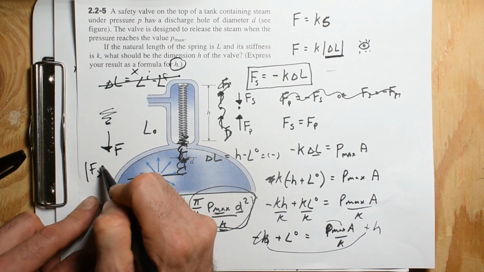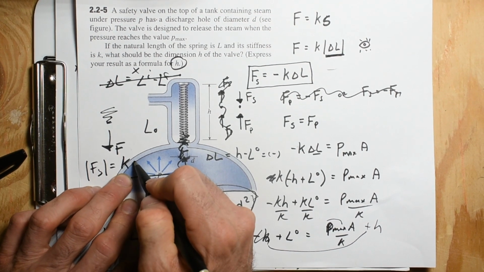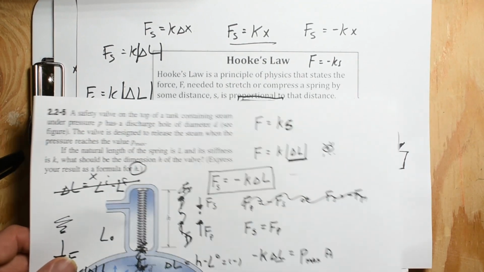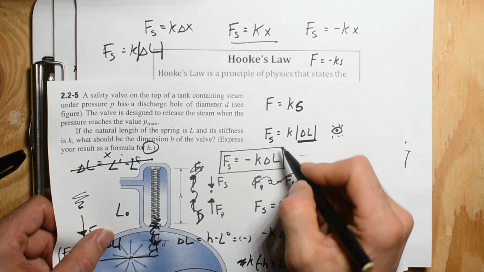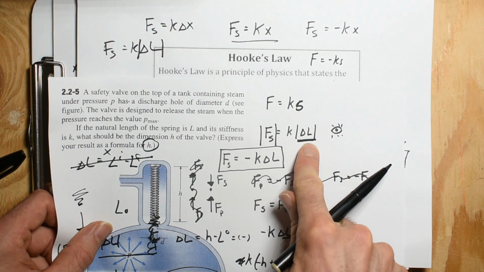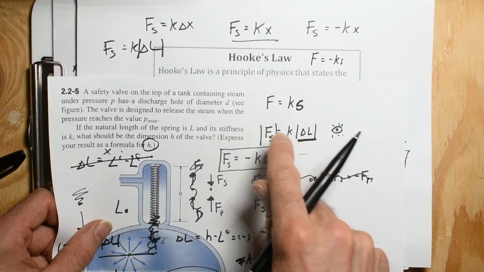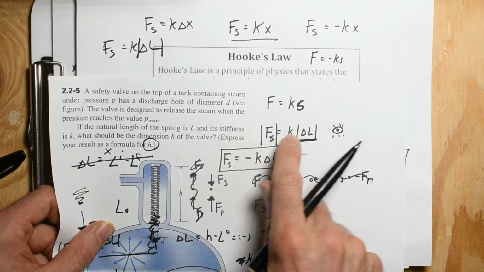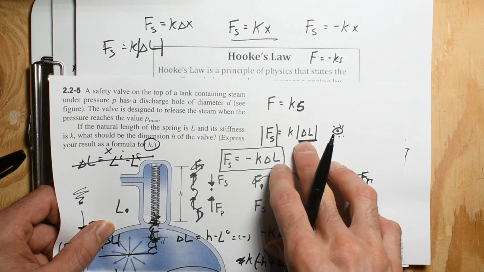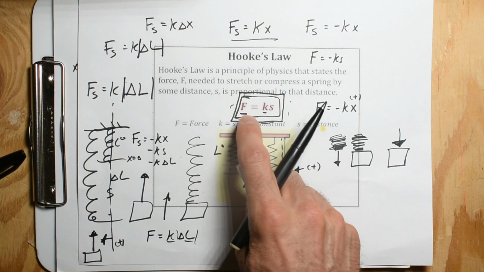The magnitude of the force of the spring is k times the change in length. So there you go. That's full circle. So this equation, the magnitude of the force of a spring, is equal to k times the absolute value of the change in length. You can use this equation, which is very similar to this.